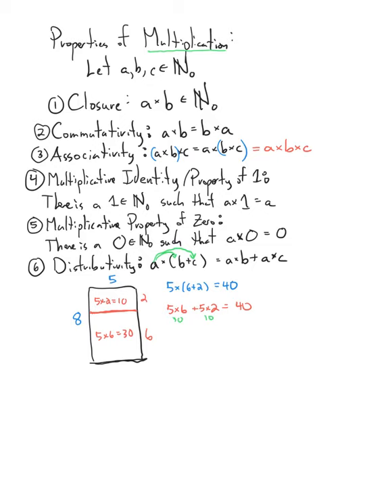If I broke it up here with 6 and 2, I could figure out the area of the top chunk. Well, that's going to be 5 times 2. And the area of the bottom chunk is 5 times 6. Now if I add these areas together, of course, I get the area of the entire rectangle. And that's what the distributive property is doing.